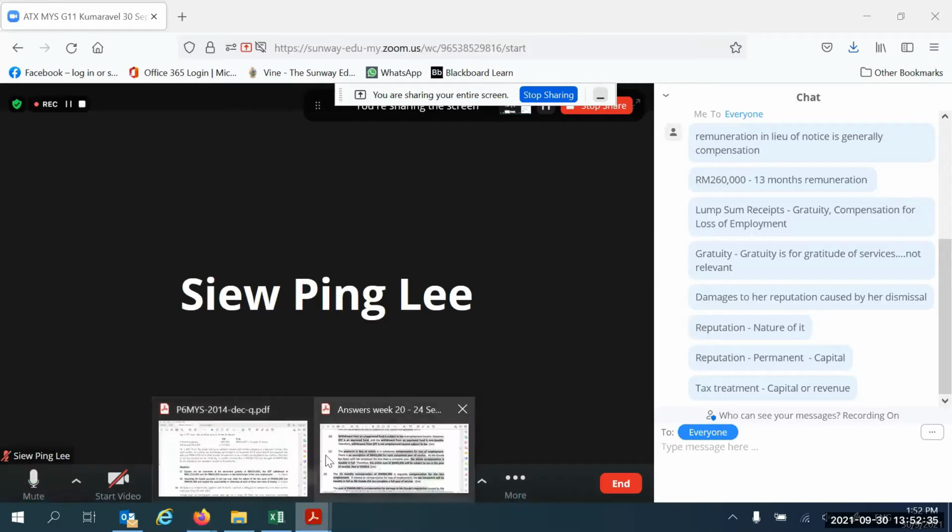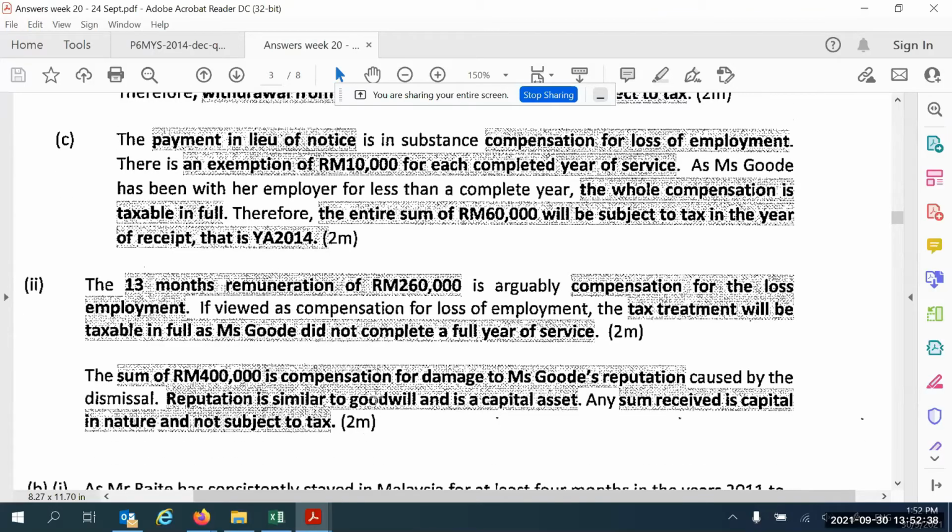Now, the first phrase there: 400,000 is compensation for damage to Miss Good's reputation caused by her dismissal. Reputation is similar to goodwill. As long as you mention reputation is capital, you're on the right track. If you mention it's a lump sum payment, as long as the word capital is there, they should give you the marks.